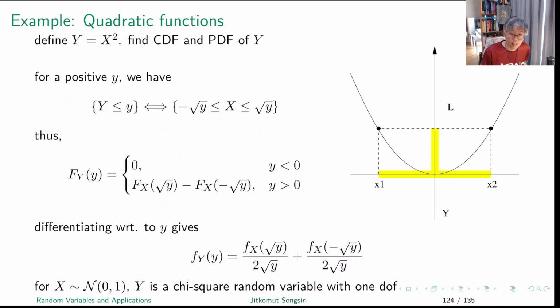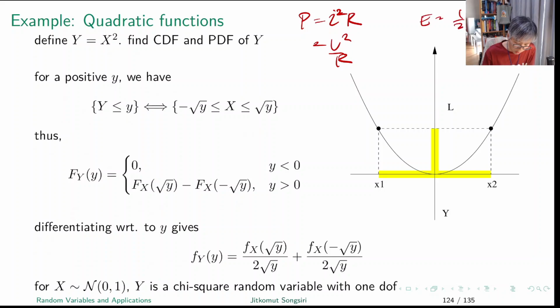Next, let's take a look at the quadratic function. The quadratic function is found a lot in applications because it represents something like power or energy. You have the power absorbed by a resistor in a circuit as the current squared times R, also V squared over R. Energy and power are two related concepts.